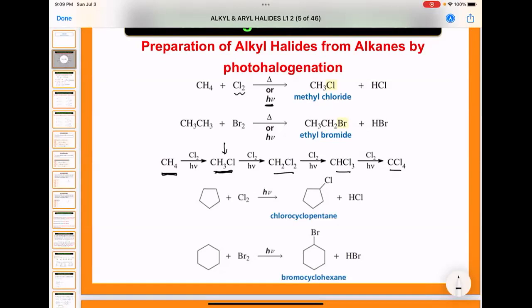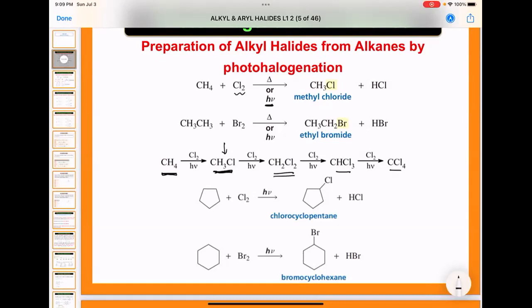Means what can you do so that you can get CH3Cl as the main product? Actually, you need to take methane in excess. Suppose you take methane in excess, what will happen? The chlorine will react only with methane. The chlorine will not react with CH3Cl further, because everywhere you have methane.